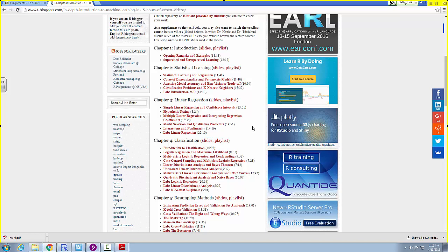It's pretty straightforward, the way it's written at least. So that would be for numerical response variables. You're trying to predict a quantitative variable like PSA level or blood pressure or IQ. Chapter 4 is classification, where we have a categorical response variable.